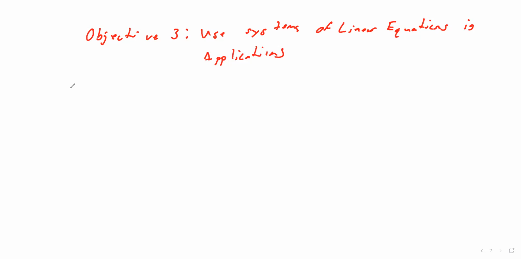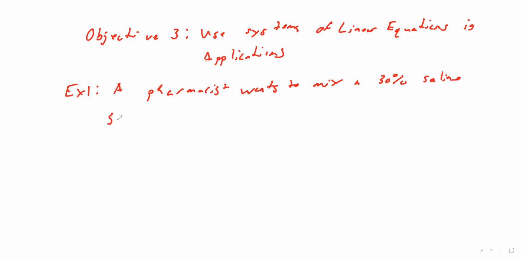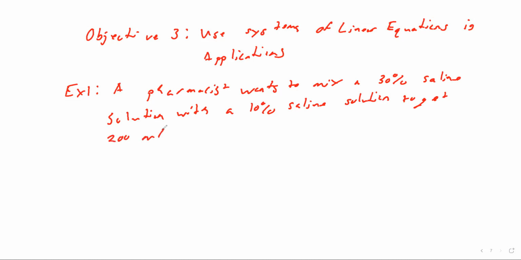Alrighty, so this first example we have is a pharmacist wants to mix a 30% saline solution with a 10% saline solution to get 200 milliliters of a 12% saline solution.